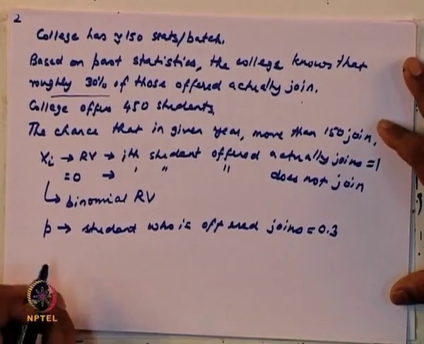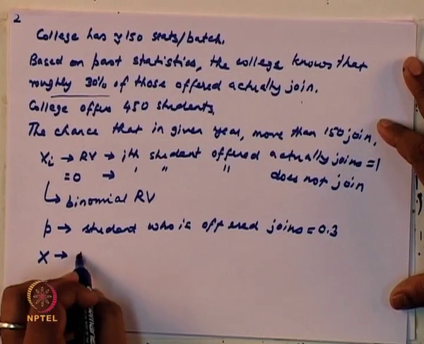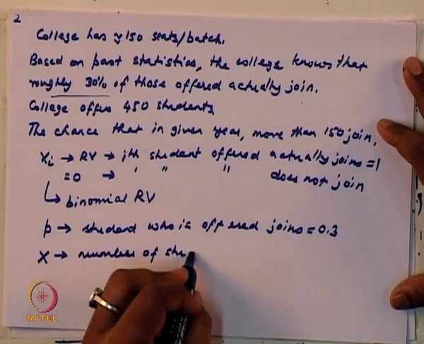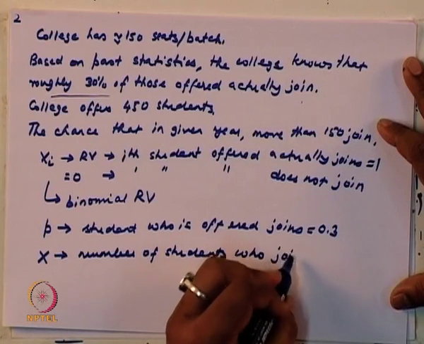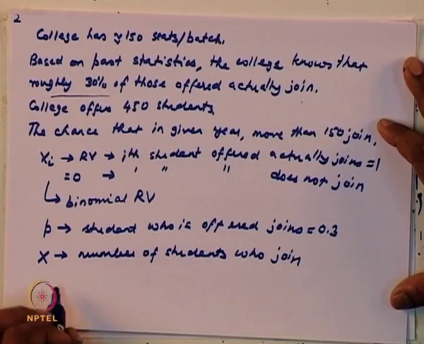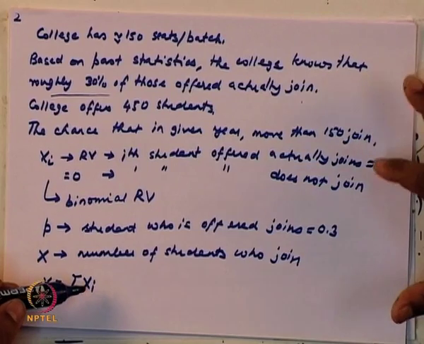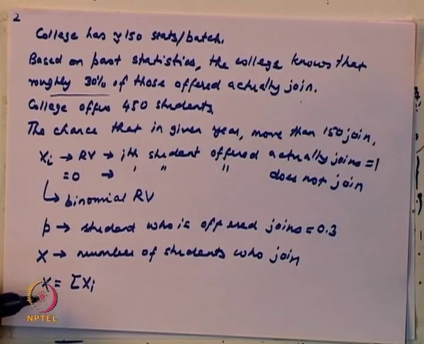Let x be the number of students who join. What will x be? I can write x as the summation of xi, because each xi is 1 if the student joins. If I add all of them, then x is the random variable for the number of students who join.